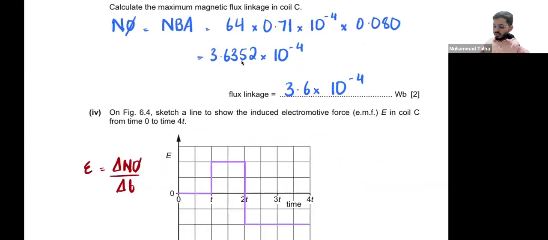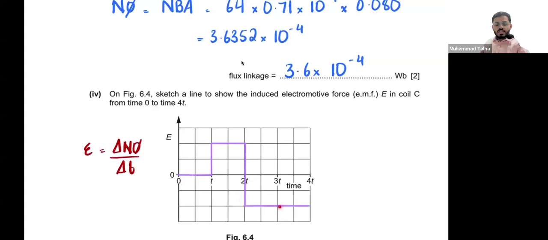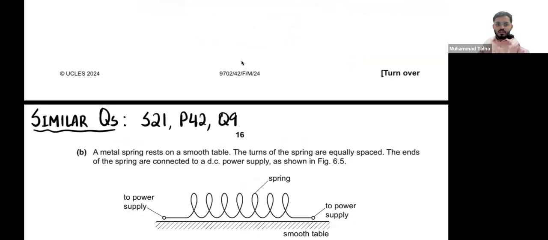It's two boxes. This is also two boxes, but it's in the opposite direction. Another possible answer could also have been that if you accommodated Lenz's law here and you do take into account the negative sign, then this also could have been a possible answer, right? So this would also be true. So it could be either this or that.